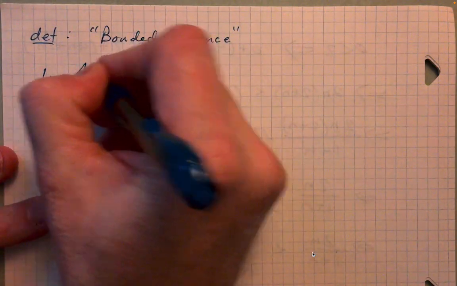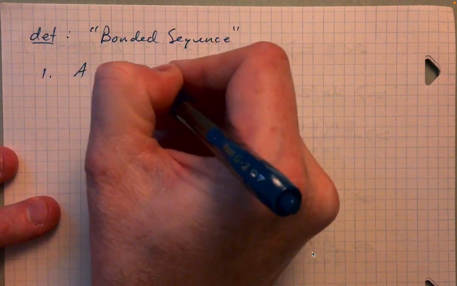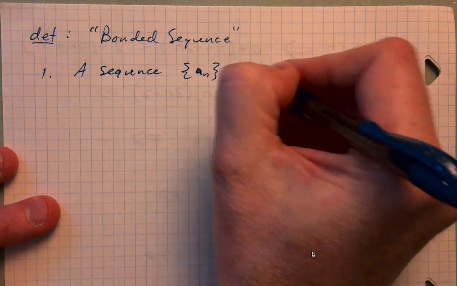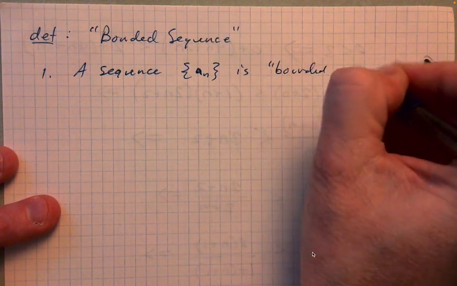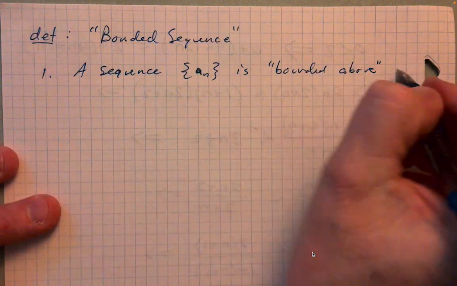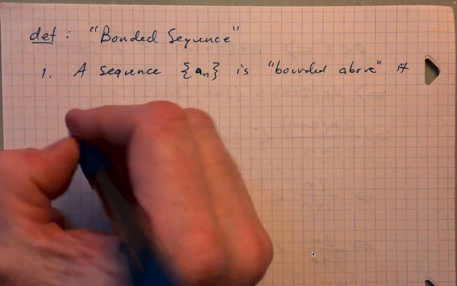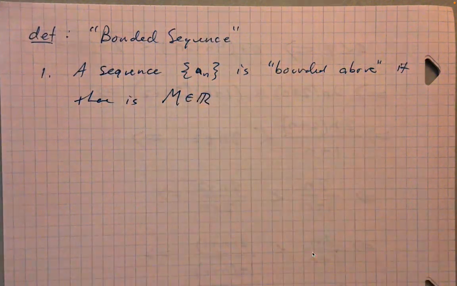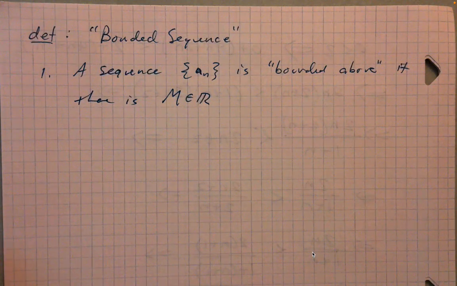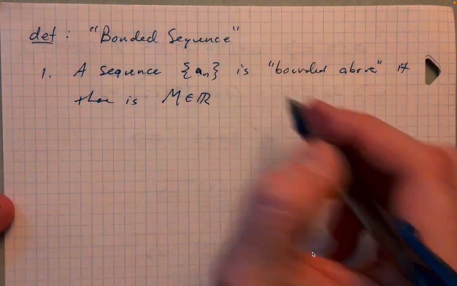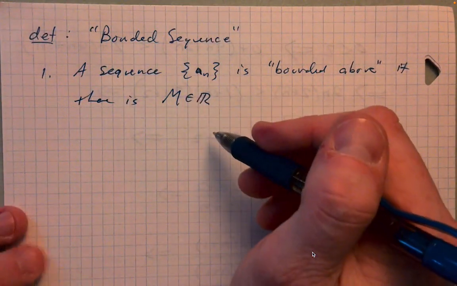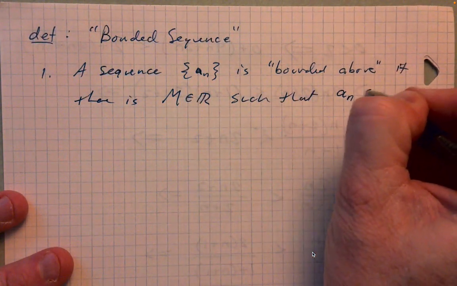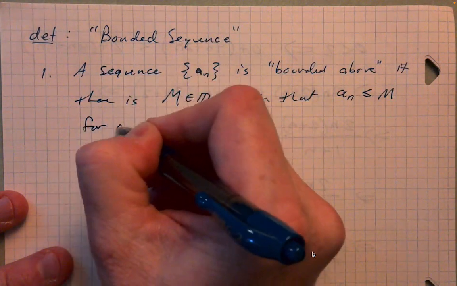First, we'll say a sequence a_n is bounded above if there is an M, a real number, not necessarily an integer, though it could be, such that a_n is less than or equal to M for all n.